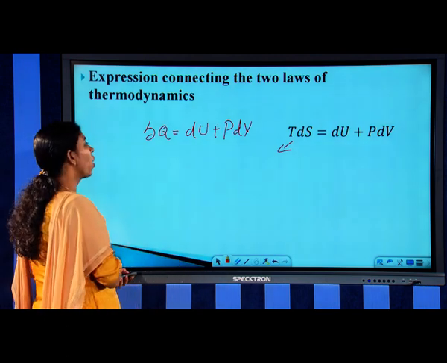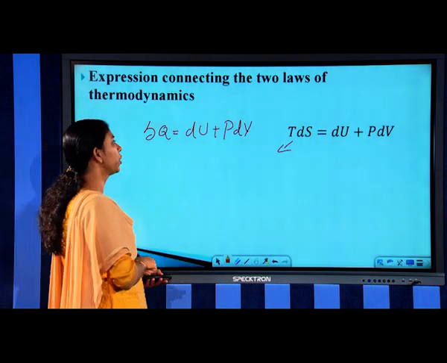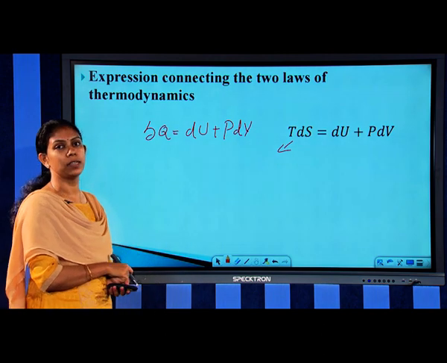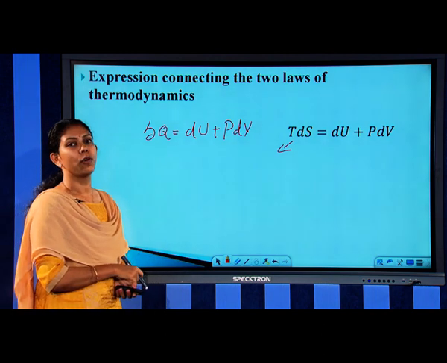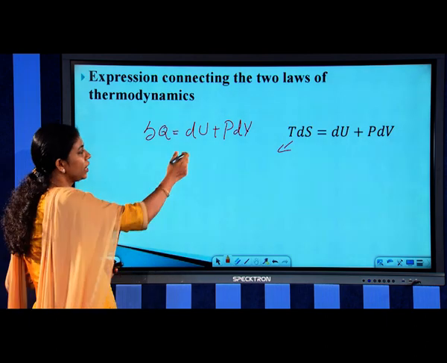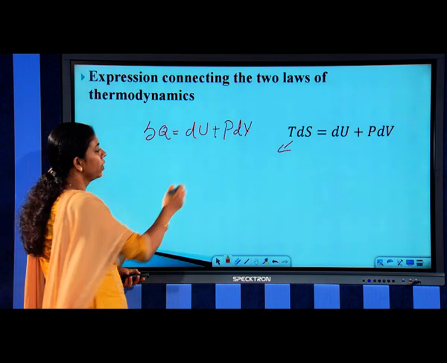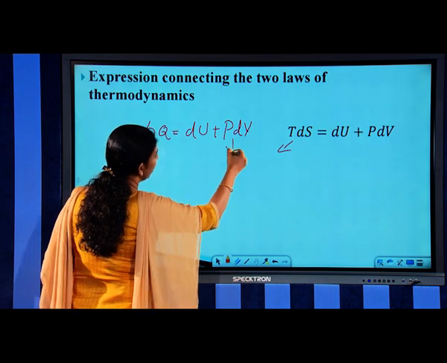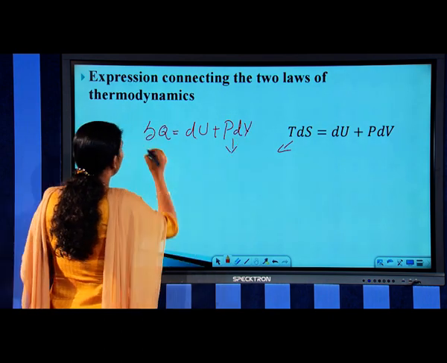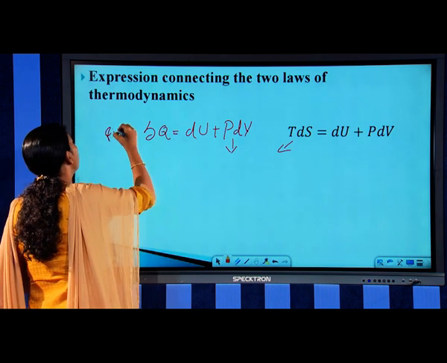That is, when a quantity of heat delta Q is given to a system, it is utilized for increasing the internal energy of the system and for external work done. Here external work done is given as p dV. This is from the first law.